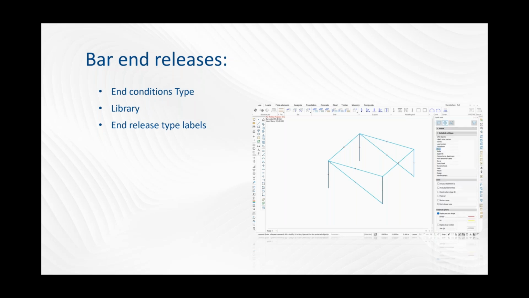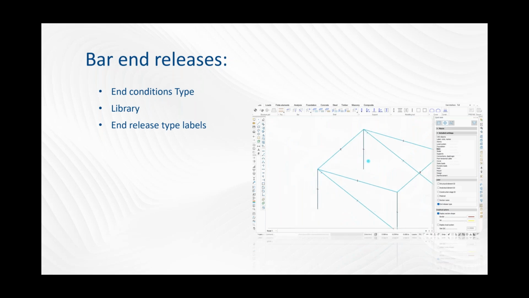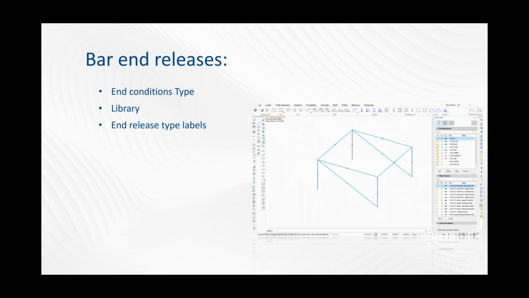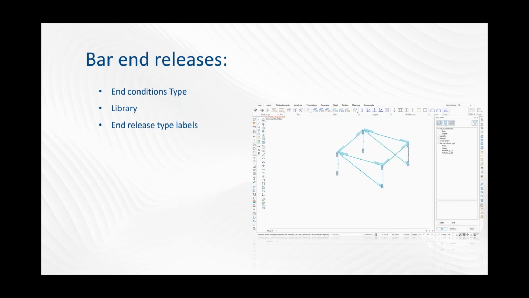And you also have the release type labels, which were also added in the color schema. So now you can easily identify what type of end release you have if you color it in a certain color, for example.